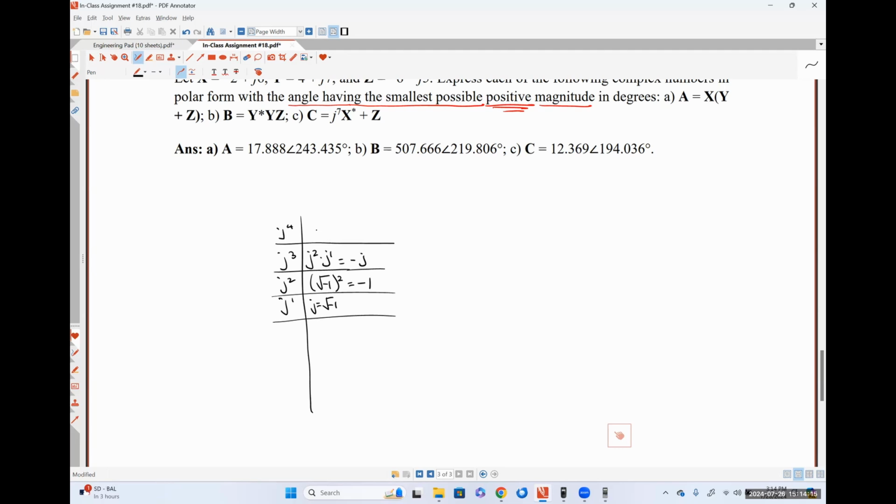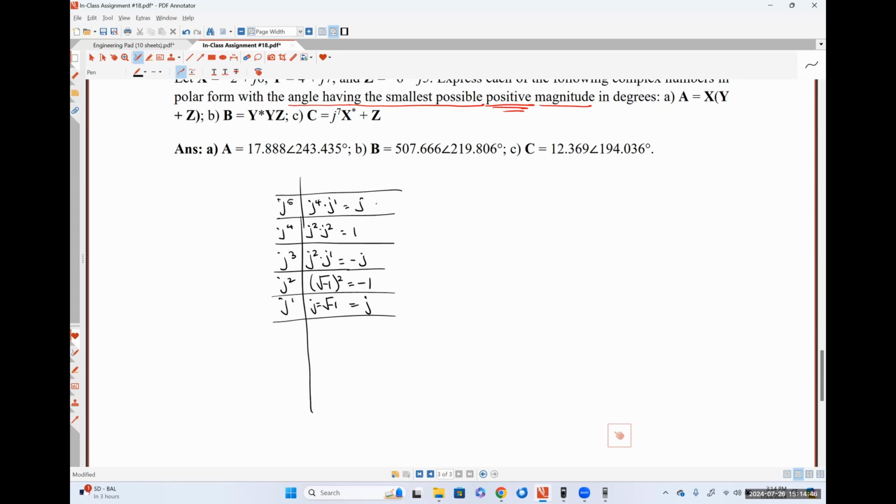j to the 4th power is just j squared times j squared. So that's -1 times -1, which is +1. j to the 5th power, excuse me, is the same thing as j to the 4th times j to the 1, which is just j. So it simply just cycles through these things over and over again.